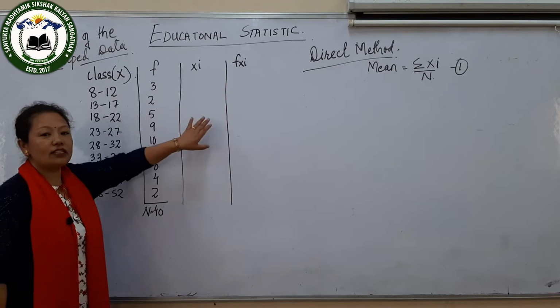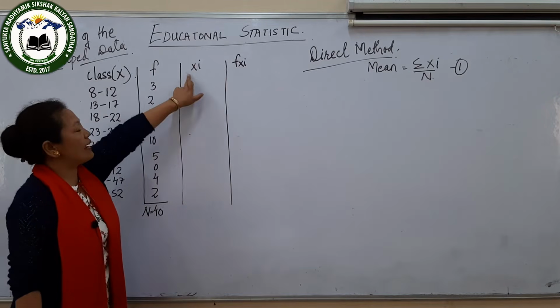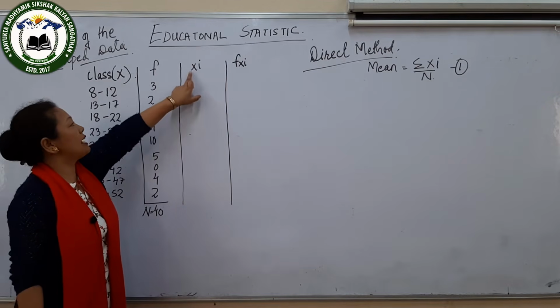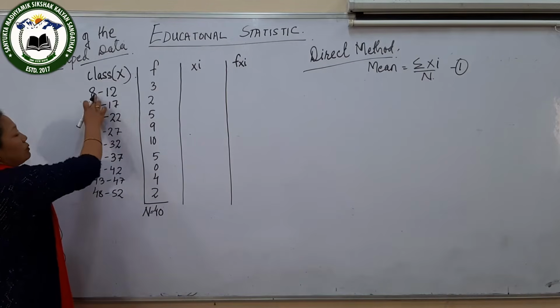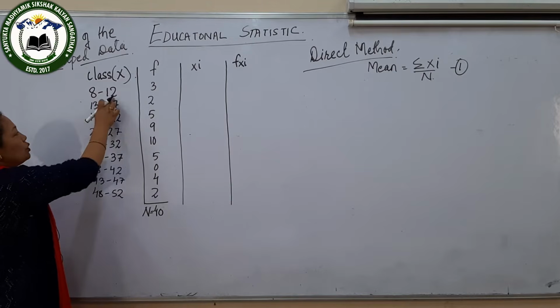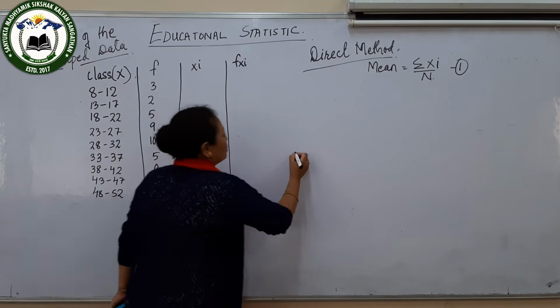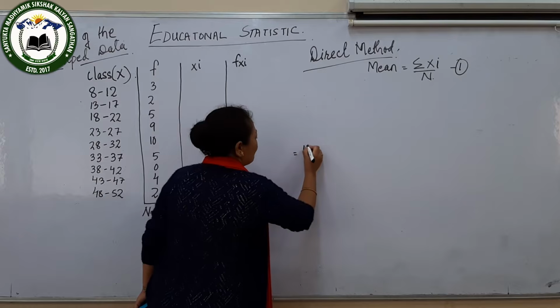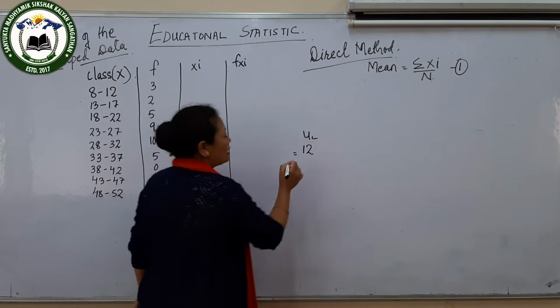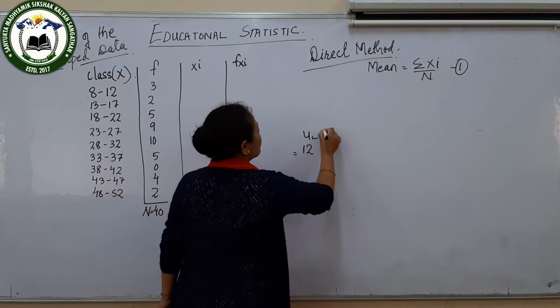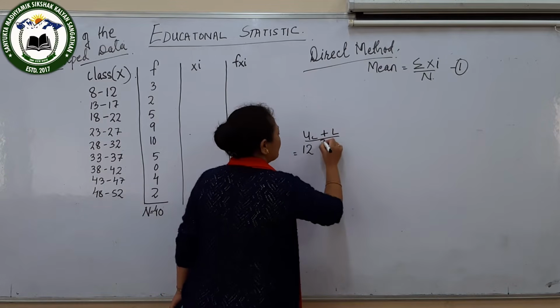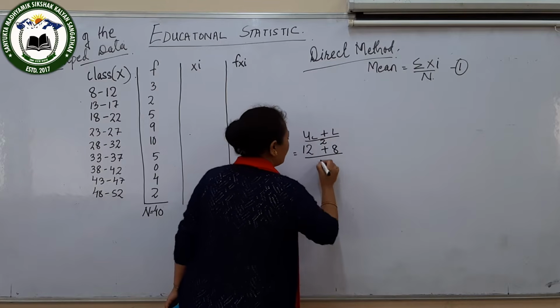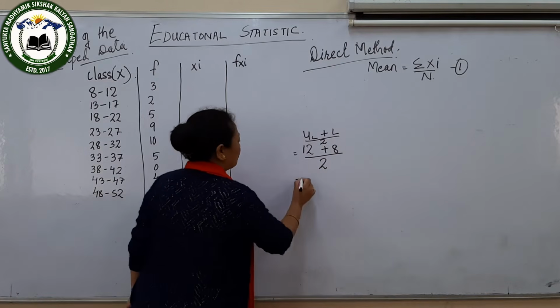Now we need the next column. Over here we have xi. I hope you remember that xi means the midpoint. Now find the midpoint of this class, that is 8 to 12. 12 is my UL, upper limit, plus my lower limit 8, and it has to be divided by 2.